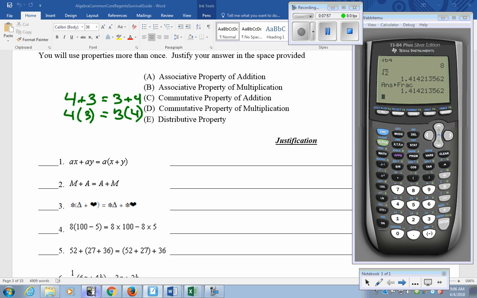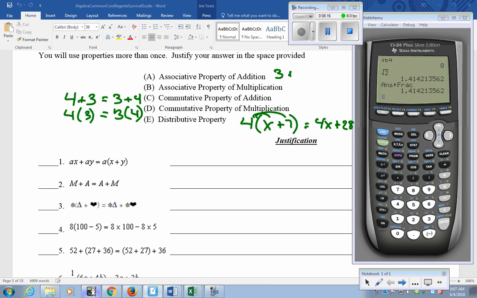Distributive property we talk about also. Distributive property, again, you're just multiplying something to each term in the parentheses, so you get another expression that should be equal.